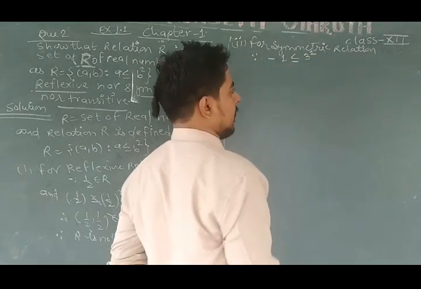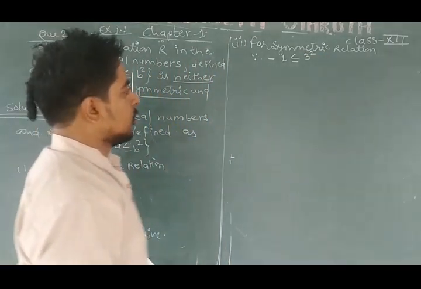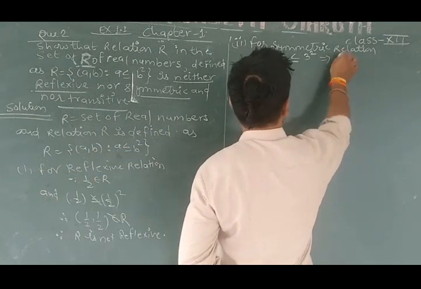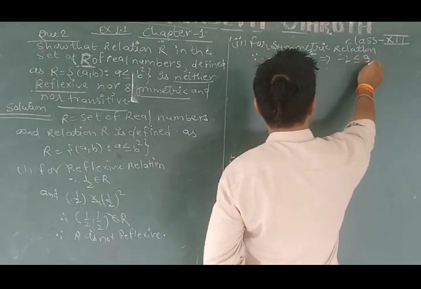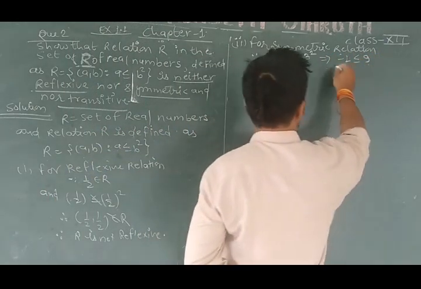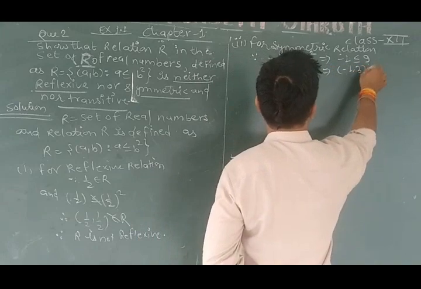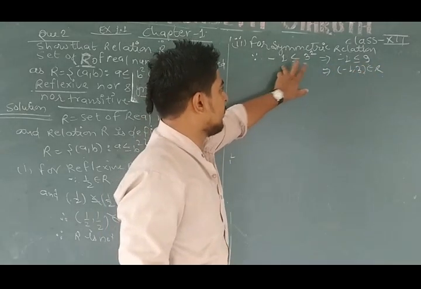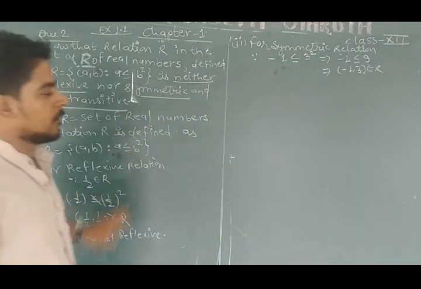It means I have taken minus 1 and 3, both elements belonging to R. This implies that minus 1 is less than or equal to 9. It is very right, correct? Thus minus 1 and 3 belongs to R. Why does it belong to R? Because these elements, minus 1 and 3, hold the property of the given relation.